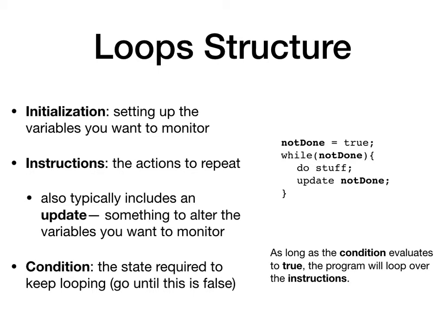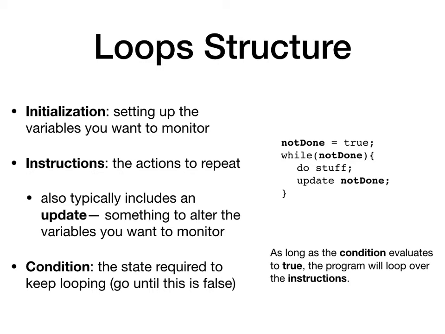Then I have the behavior to repeat, my hammering, and this also includes an update that changes the variable, changes the height of the nail, right? As I keep knocking it, pounding it, until a certain condition is no longer met. So as long as the nail is not fully into the wall, I am going to keep pounding it.